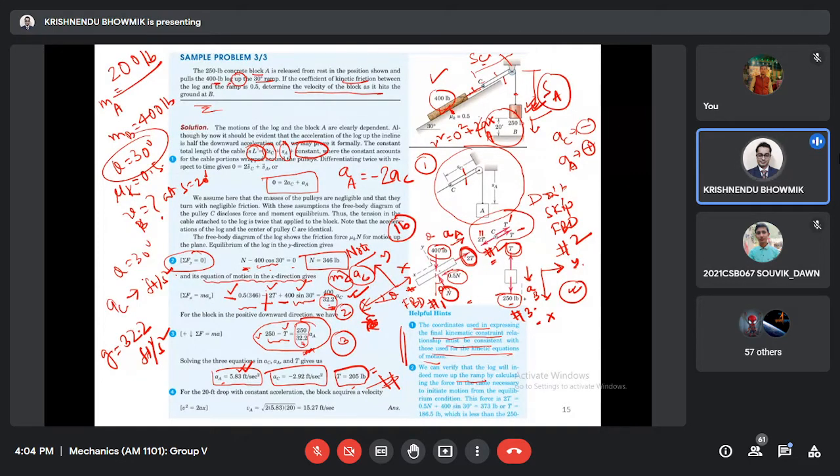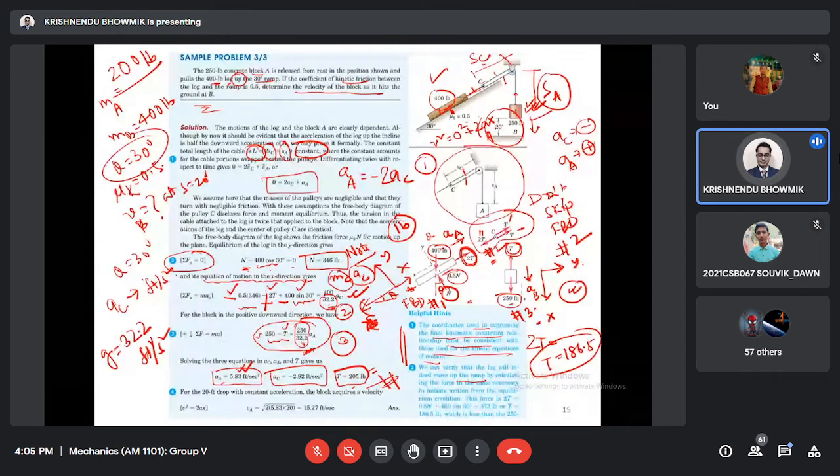This force, 2T, was equal to 0.5 multiplied by N plus 400 sin theta, and that will give T equal to 186.5. That means when T equals 186.5 pound, initially T is 0.